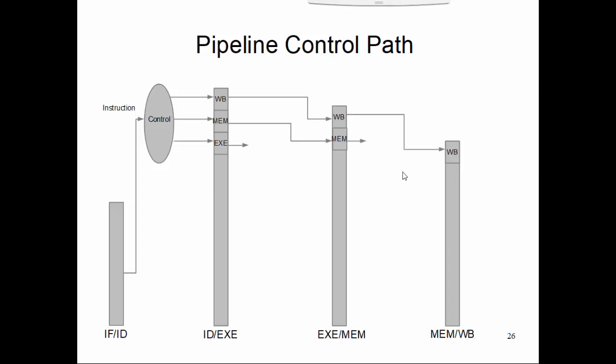Details are, of course, out of our scope. We should not go into the details of how forwarding works, but let's not go into the detail. We also need to take care of how the stall happens. Stall is relatively simpler: you just stop the clock so that data transfer doesn't occur in that clock cycle between the related stages of the pipeline.